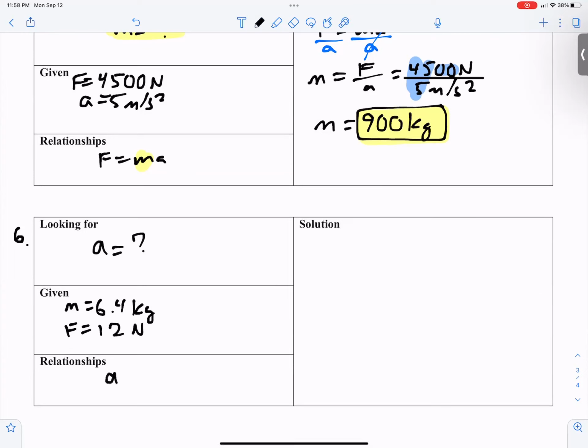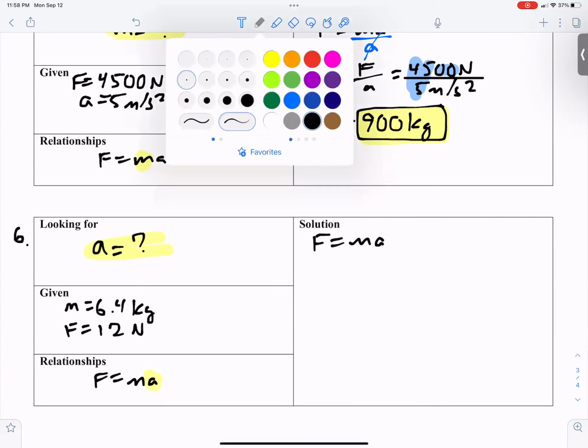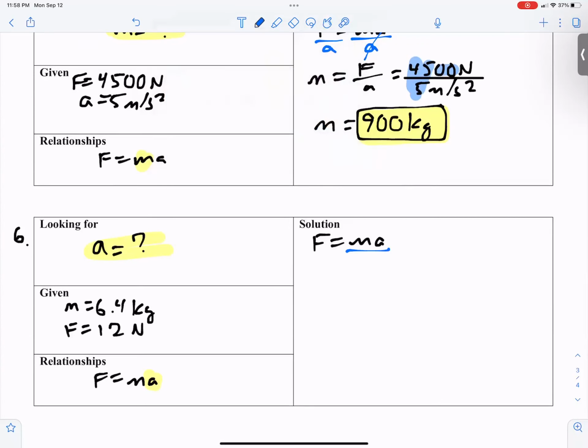So F is equal to mass times acceleration. But again, you're looking for acceleration. So how would you get the A by itself? We have to divide by mass.